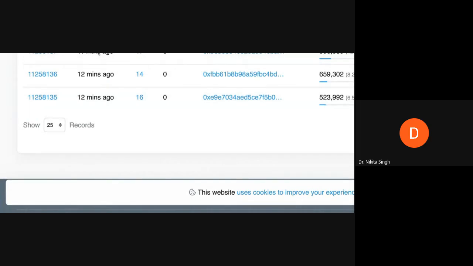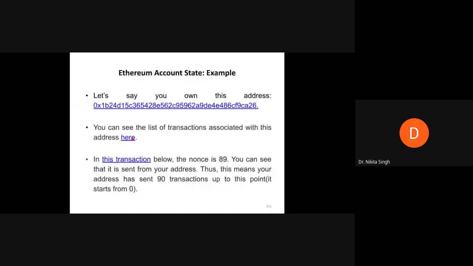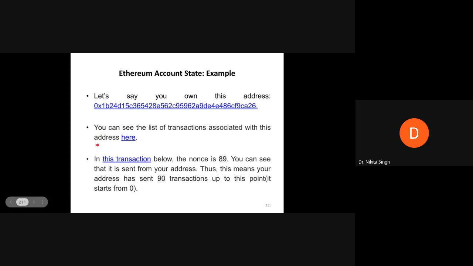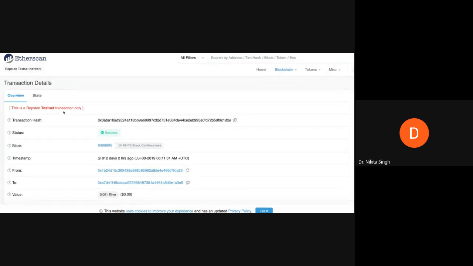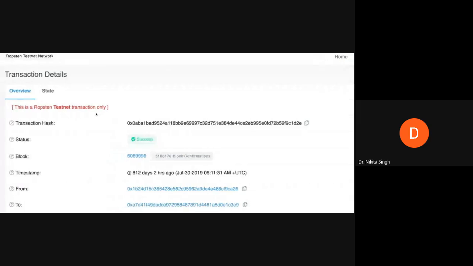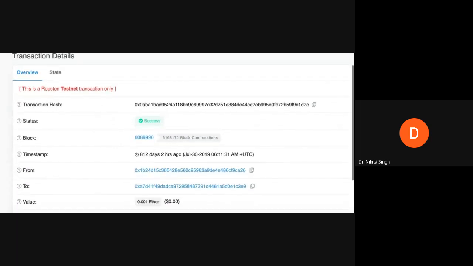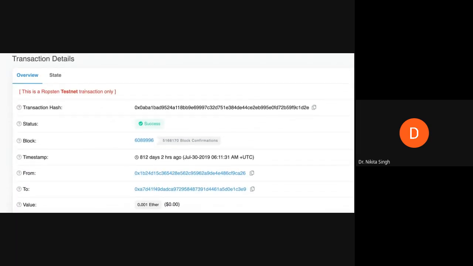Now, coming back. If we take one particular transaction as an example, this here is one single transaction.